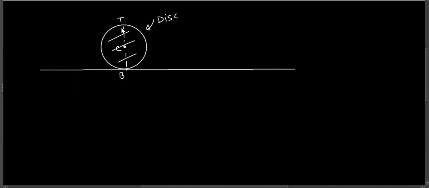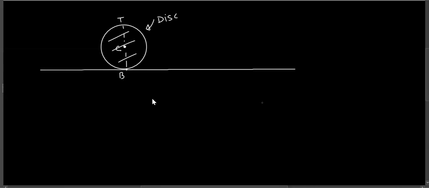Now the center point is fixed. As the disk rolls forward, the points that are touching the ground will vary. So the points that are touching the ground, I'm calling them B.